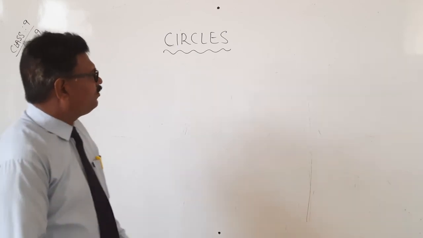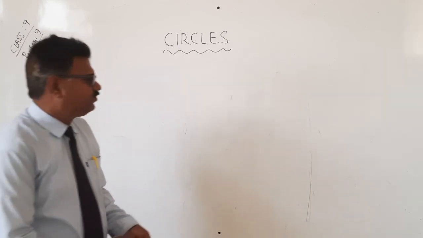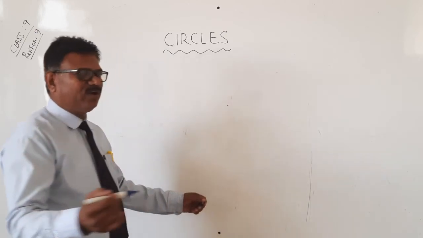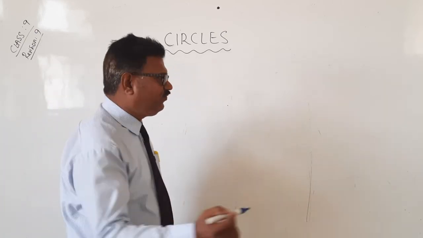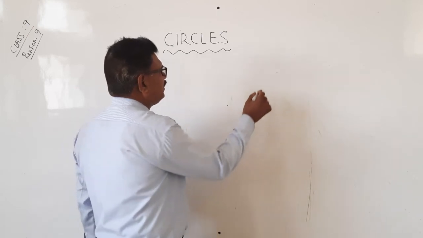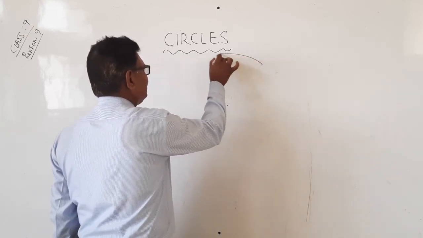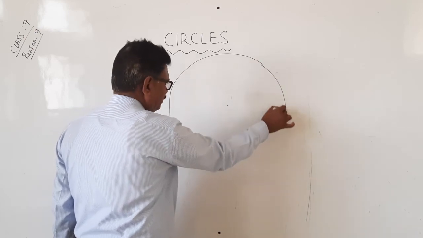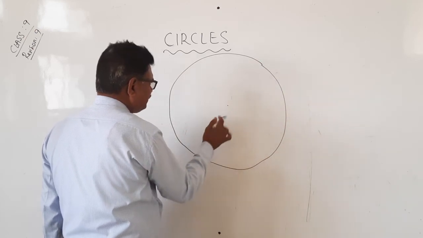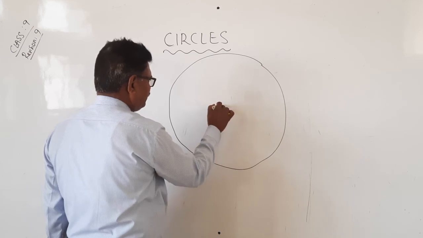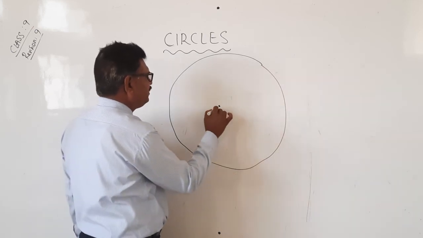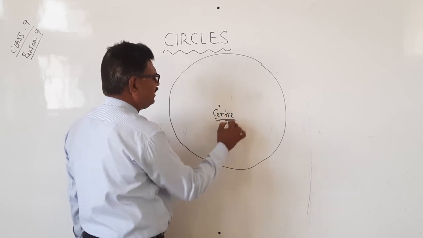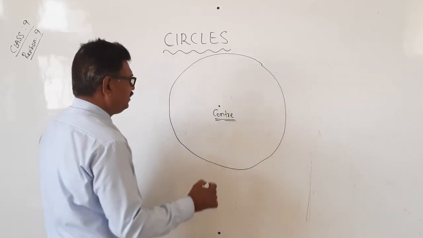Now, first of all, before starting the subject, we should know some things. For example, take one point and fix it at one place, take one more point on the other side, and rotate like this. Then you will form a circle. This fixed point is known as the center of the circle.